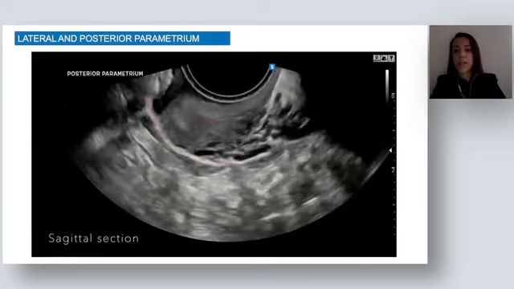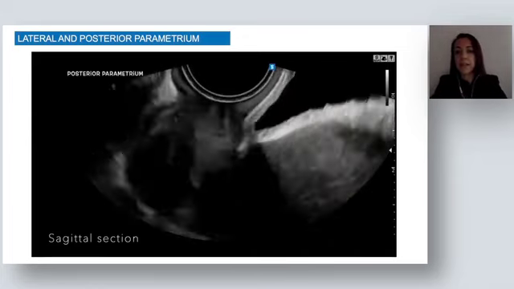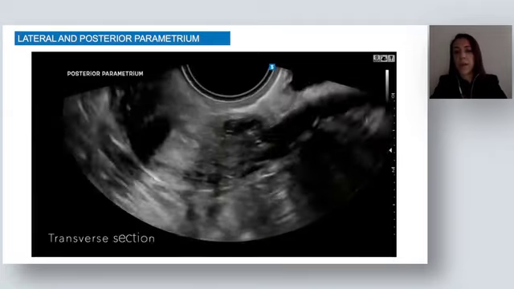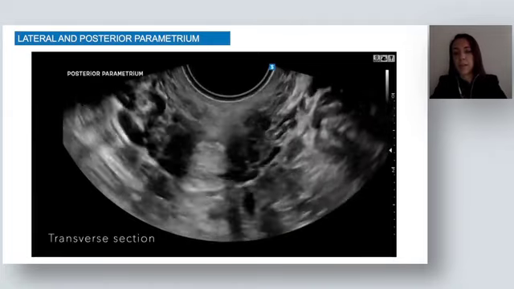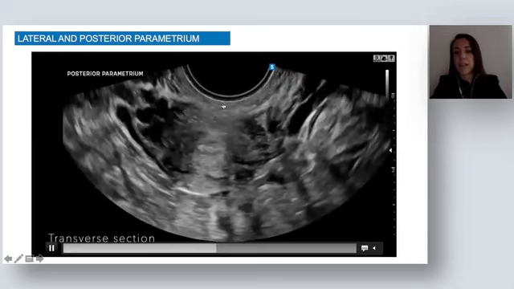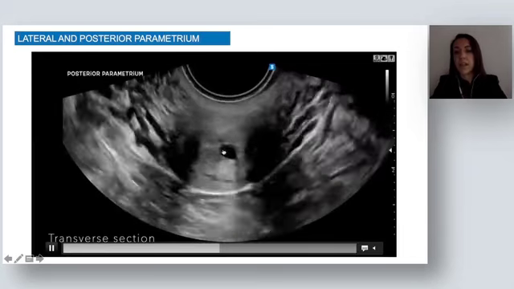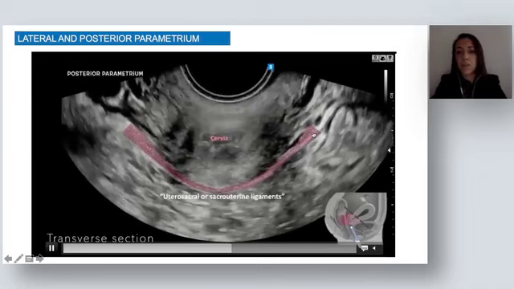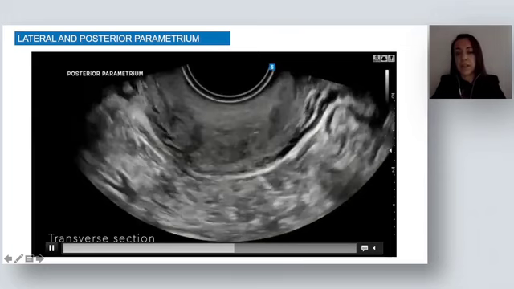We can also assess uterosacral ligaments in a transversal section. So we can rotate the probe 90 degrees. We can visualize in this transversal section the cervix and the vessels. This hyperechoic tissue on the right, on the left, corresponds to the sacrouterine ligaments.